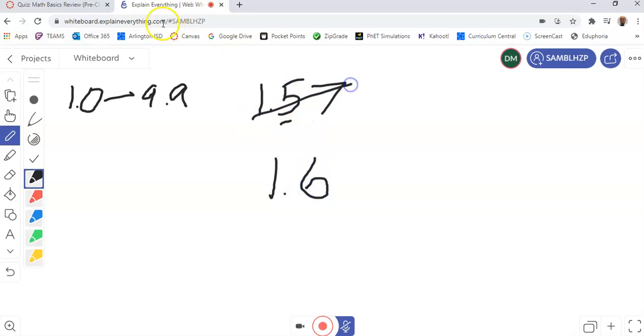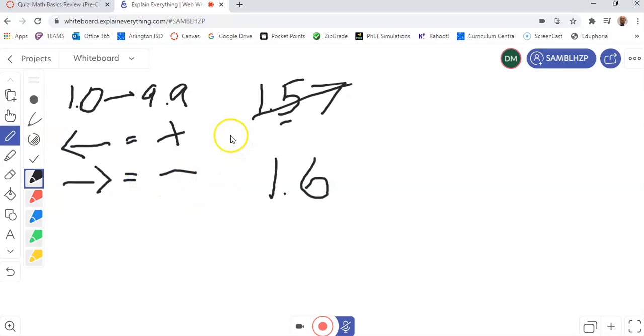All right. Now, the third step, you have to count how many times you moved the decimal point. If you moved to the left, your exponent is going to be positive. If you moved to the right, your exponent is going to be negative.